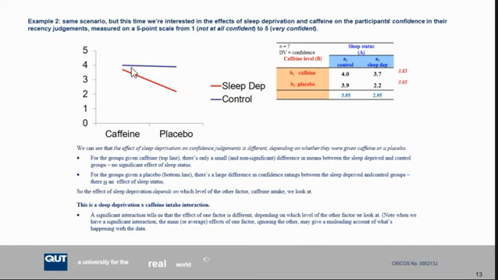So in this case, we do have an interactive effect between sleep deprivation and caffeine. There's a sleep deprivation by caffeine interaction. It tells us that the effect of one factor is different depending on which level of the other factor we look at.